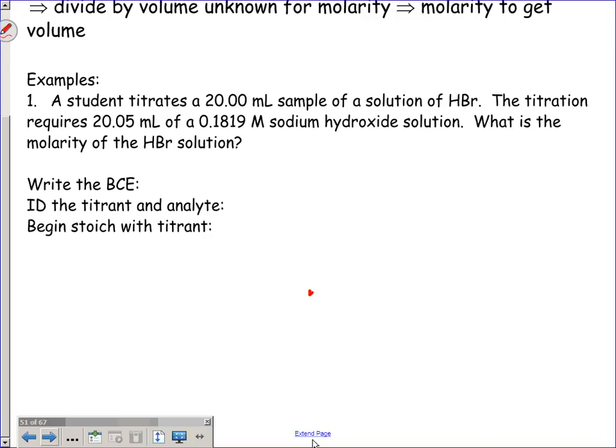I want you to write out the chemical reaction, meaning the acid and base reacting to form a product.